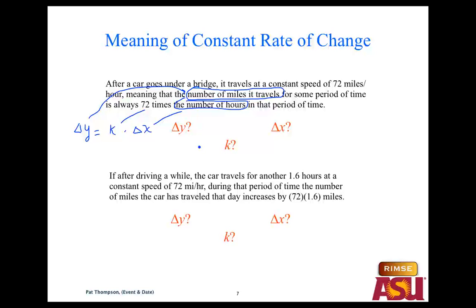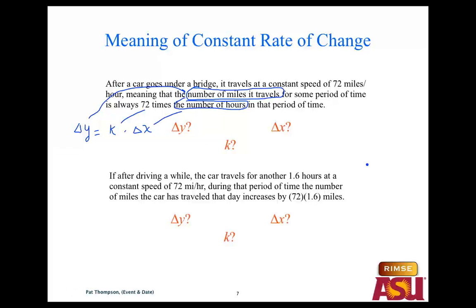So the number of miles it travels is always 72 times the number of hours. Constant rate of change. Whatever number of hours you have, multiply it by 72, that'll give you your change in distance for that number of hours. Okay, so in this case, Ryan, you're up.